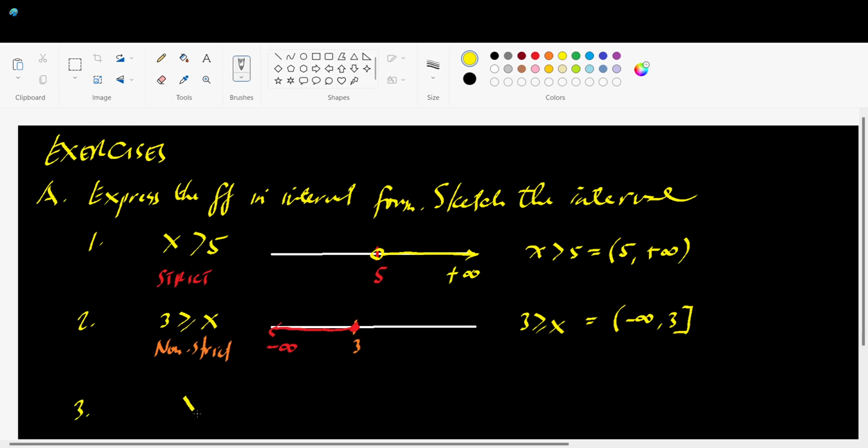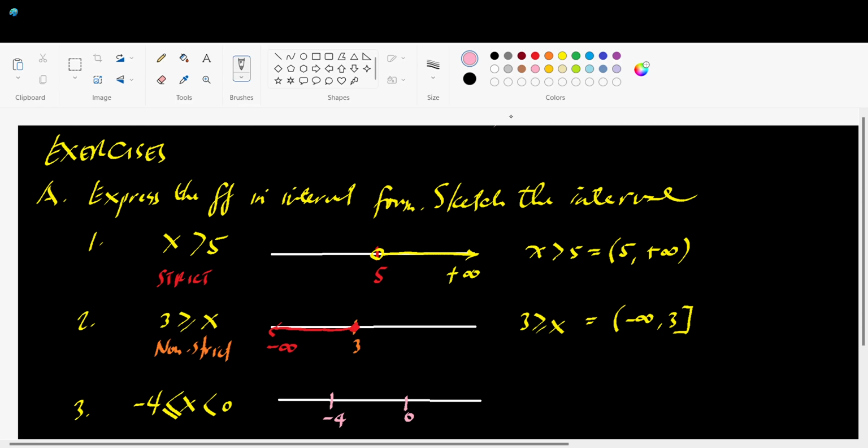Next, x is less than 0 and greater than or equal to negative 4. On the number line, let us indicate the numbers 0 and negative 4. So x is between 0 and negative 4.